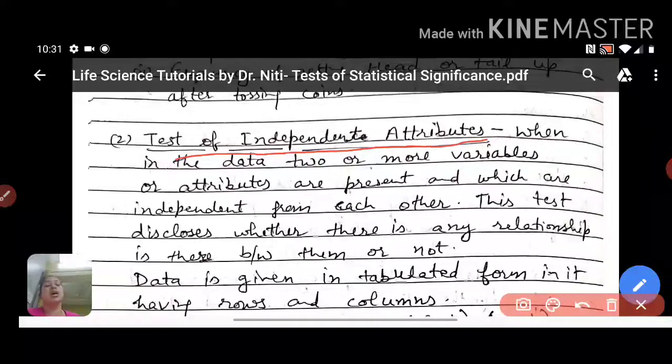Now this test can also be used to test independent attributes. That means there are two events, and you test whether the two events are related to each other or not.